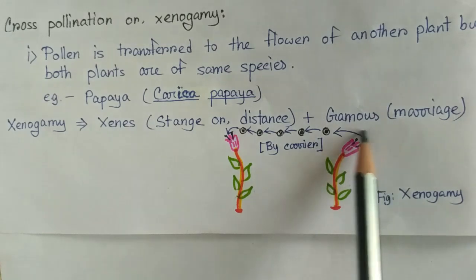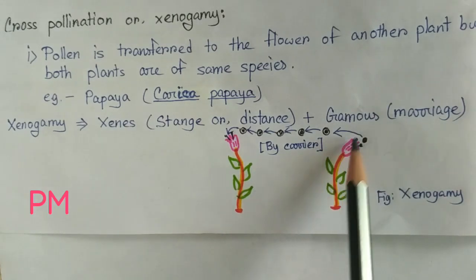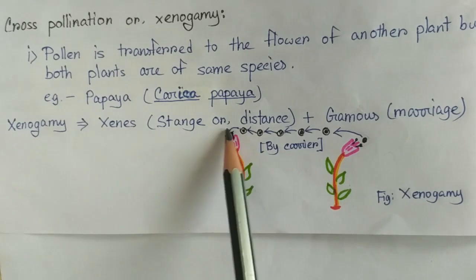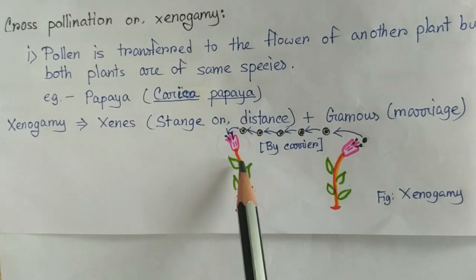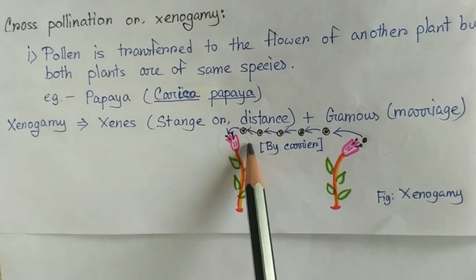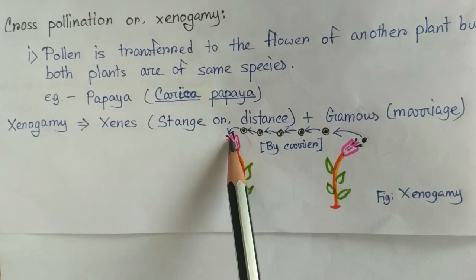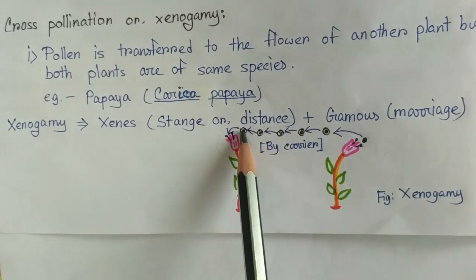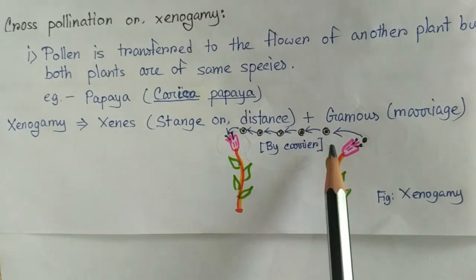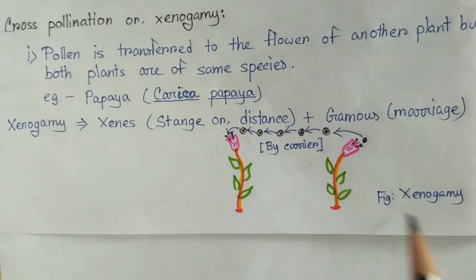Pollen is generated from this plant's flower and it is transferred to another plant's flower of the same species, and thus pollination occurs, and this pollen is transferred to this flower by a carrier. So this process is known as cross pollination or xenogamy.